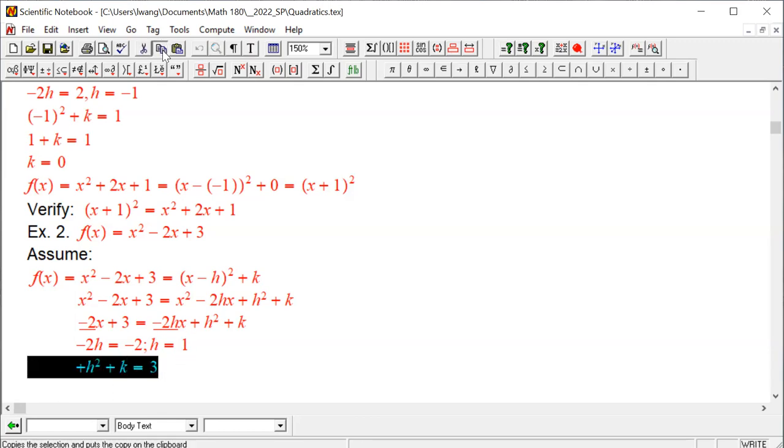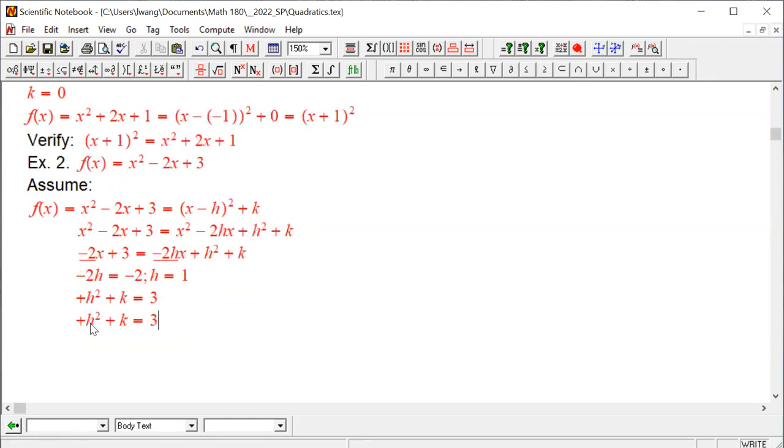Since we already found h is 1, we replace h by 1. So can we solve for k? Of course we can, okay? So we get 1 plus k equals 3. And in the end, we get k equals 2.